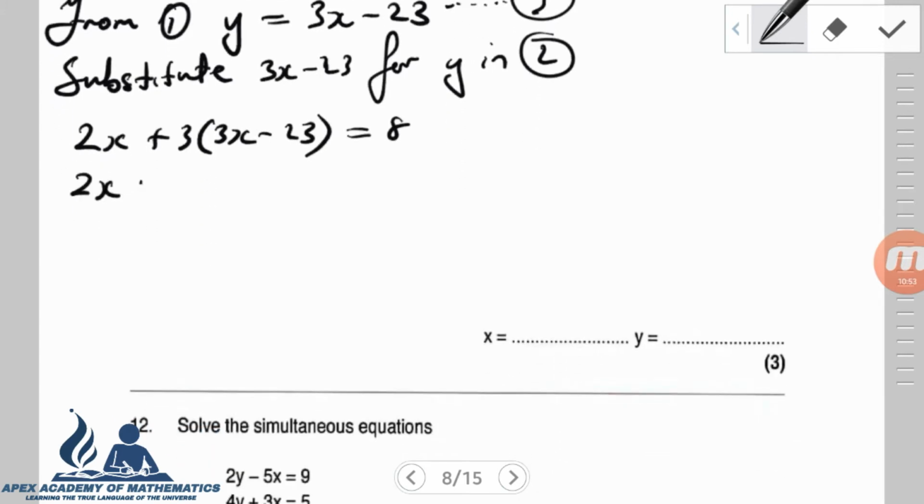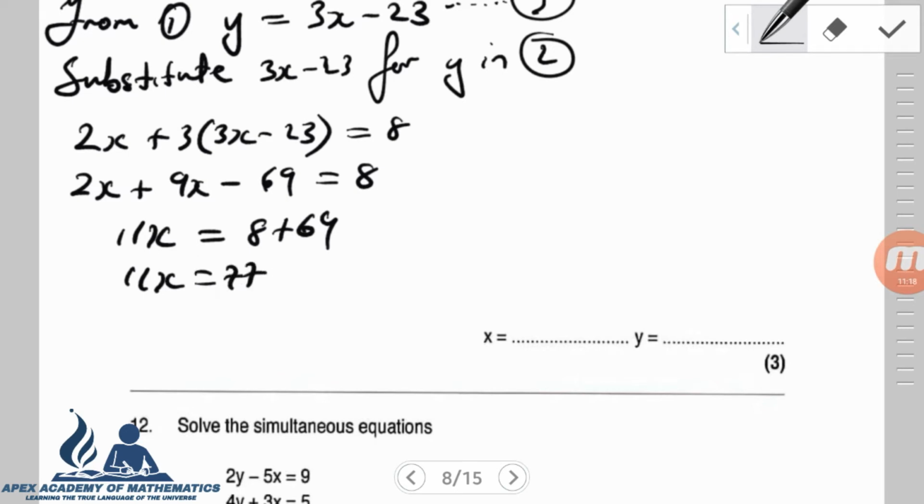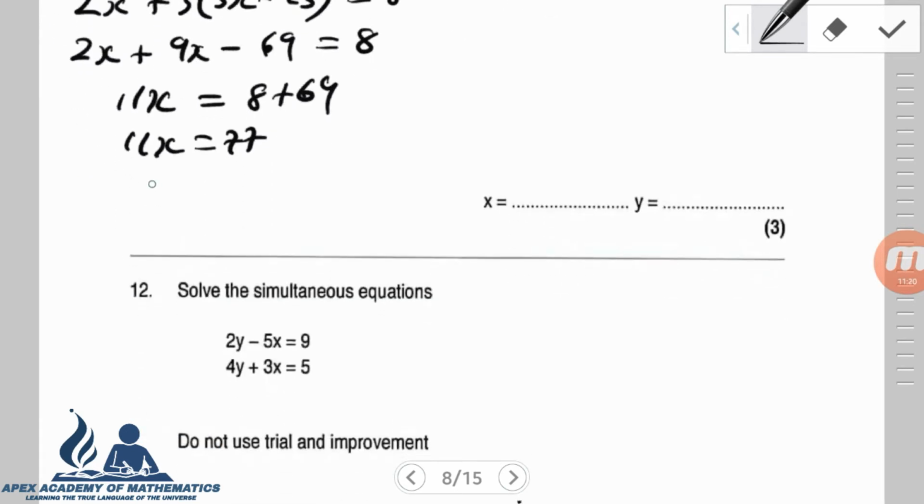So 2x plus 9x minus 69 is equal to 8. 3 times 23 is 69. Adding these two, we get 11x, and adding 69 to both sides, the 69 here disappears. Adding 69, I get 8 plus 69. 11x is equal to 77. 8 plus 69 is 77. Dividing both sides by 11, I easily get x equal to 7.